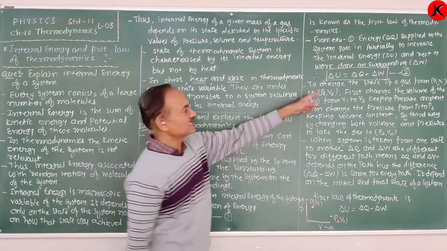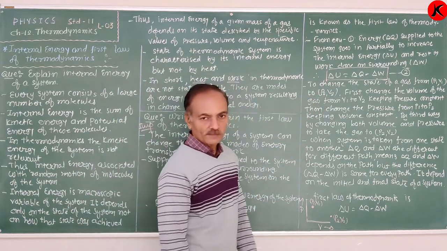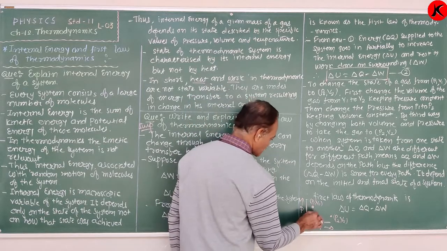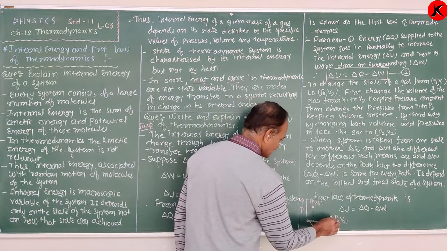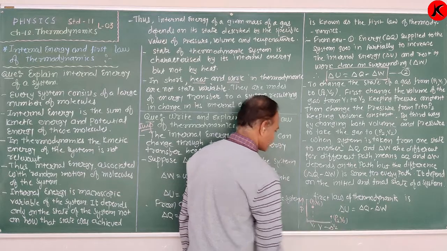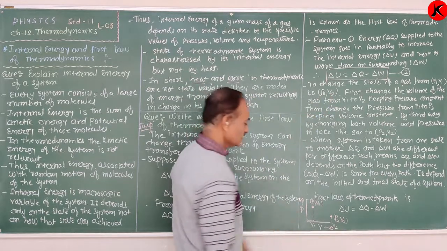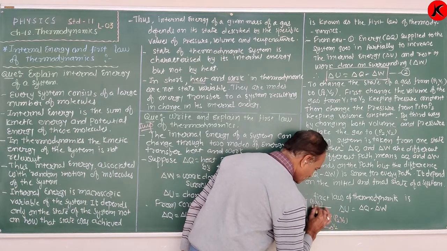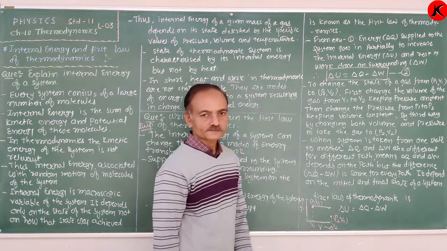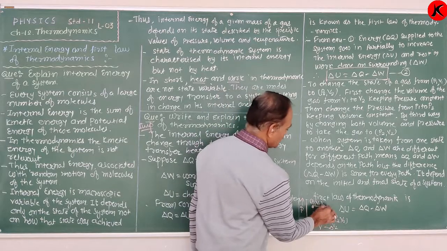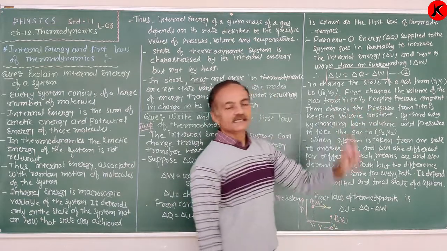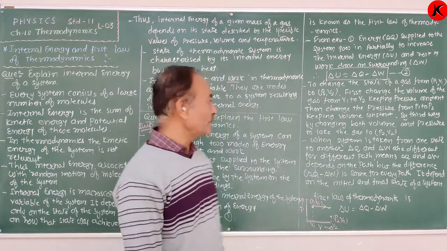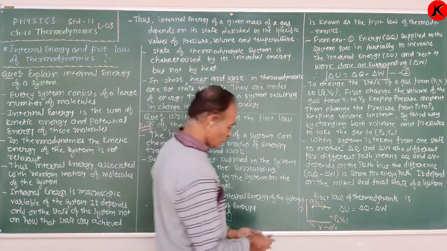So here, one way is we change the volume from V1 to V2. Here the volume is V1, here the volume is V2, at constant pressure. So the pressure is constant, and we bring the system from V1 to V2. The second method is to change the pressure from P1 to P2, keeping the volume constant.